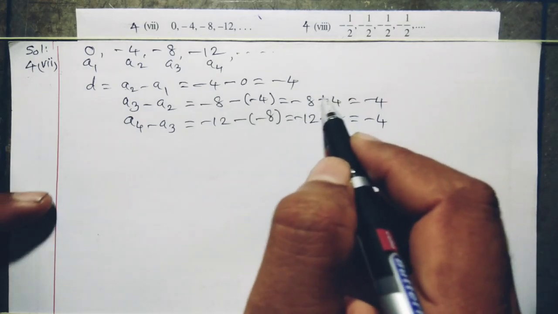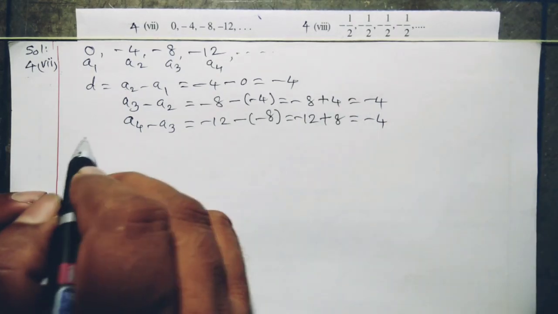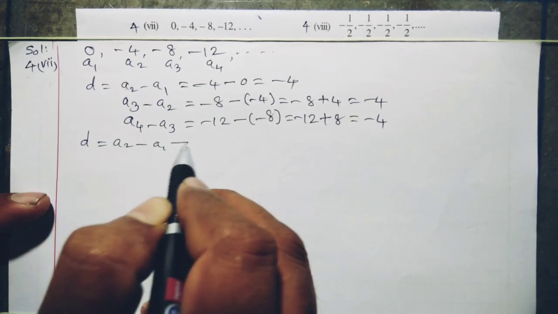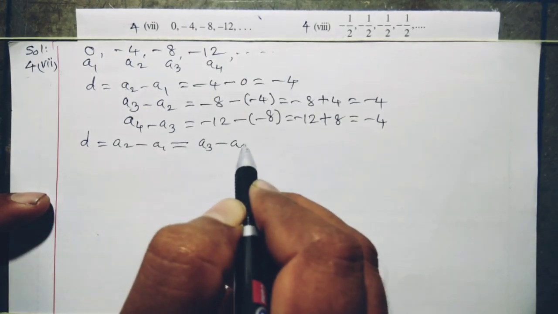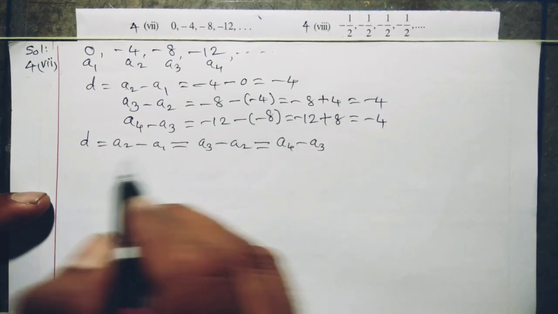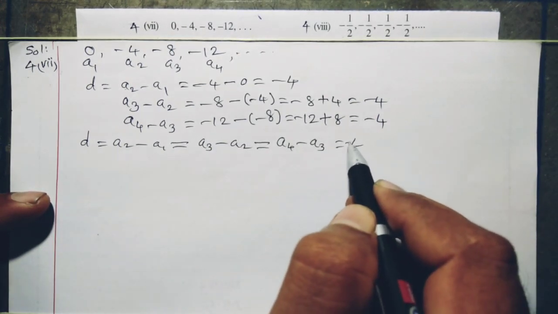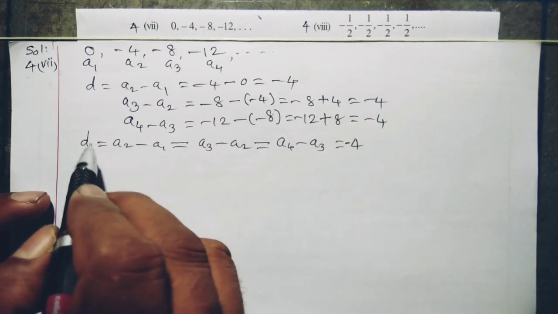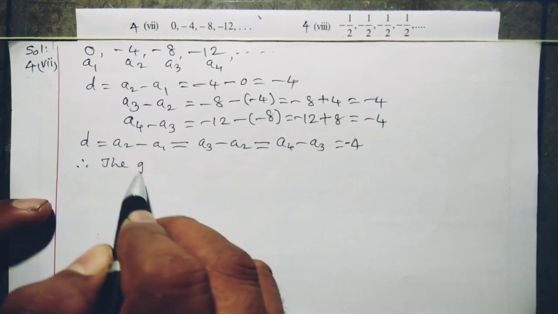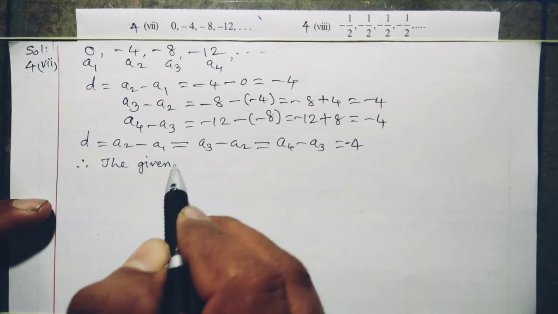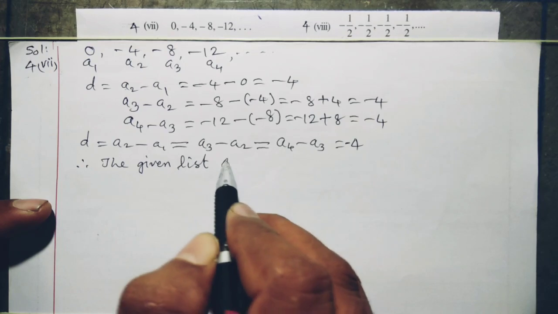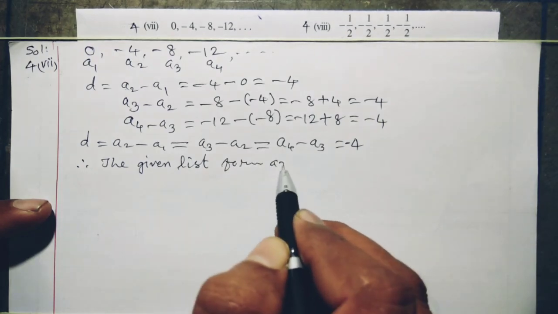So in all, the common differences are equal. Therefore D is equal to A2 minus A1 is equal to A3 minus A2 is equal to A4 minus A3, which is equal to minus 4. Therefore the given list of numbers form an AP.